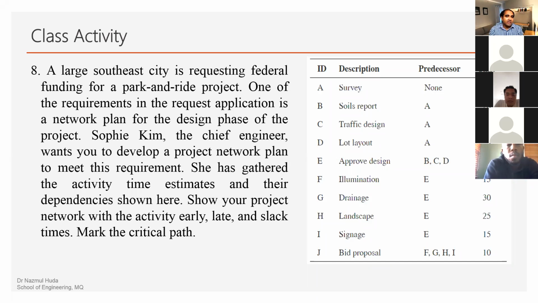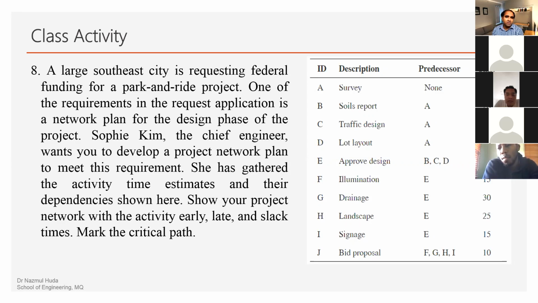She has gathered the activity time estimates and their dependencies as shown. Show your project network with the activity early, late, slack time, and mark the critical path. This is a very typical example of what you can expect in the exam question.